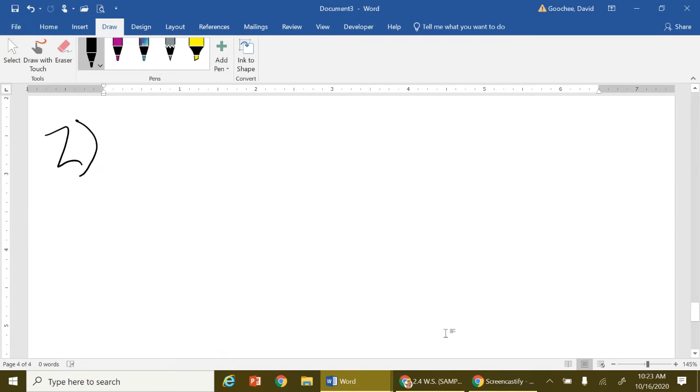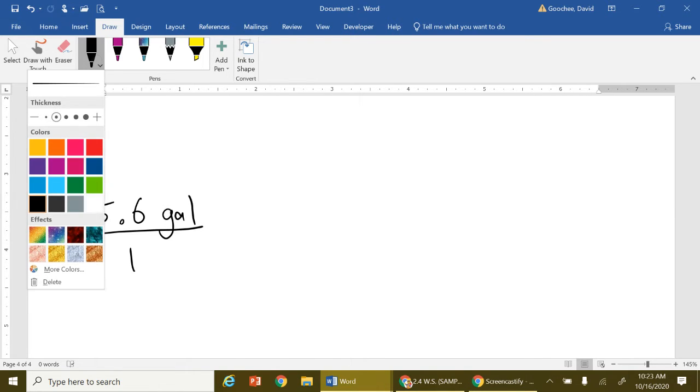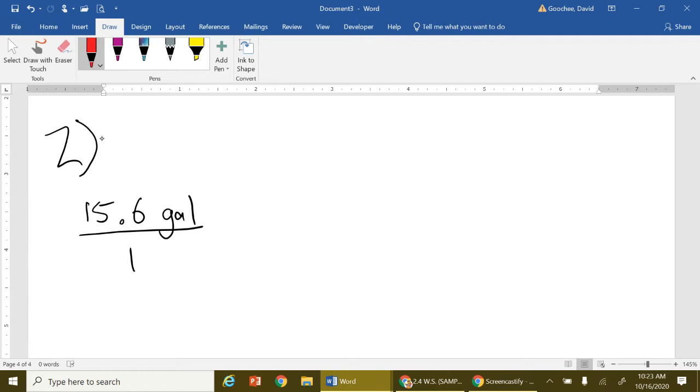Okay, we are starting with gallons, 15.6 gallons, and we are converting it into liters. So let's do this. Starting amount on the left, 15.6 gallons over 1. And we are trying to convert it into liters. This is a pretty straightforward one.